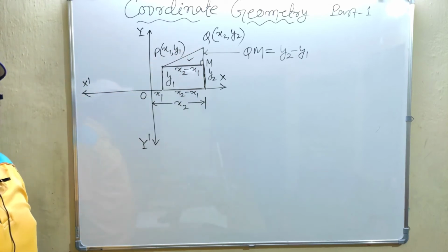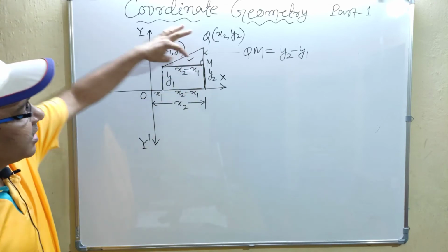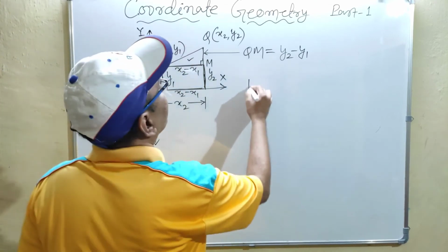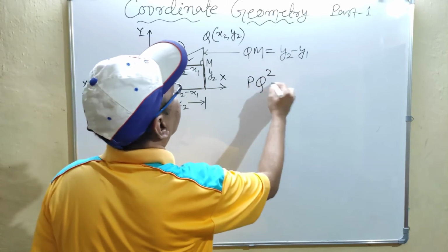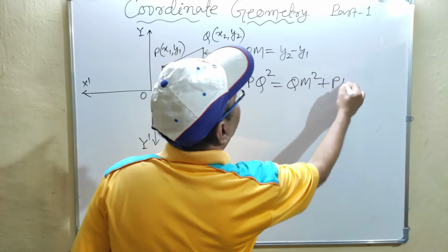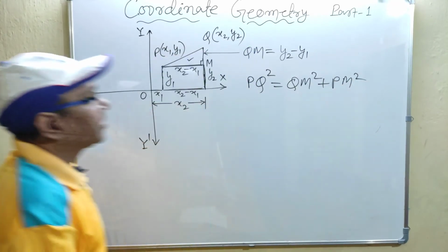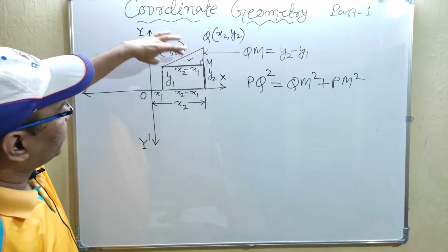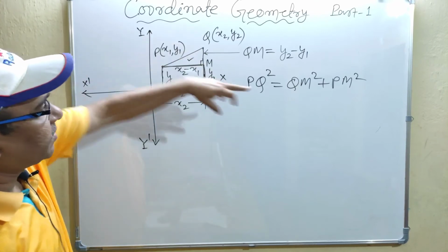So the hypotenuse can be calculated. Perpendicular is there, base is there. So can you calculate the hypotenuse? We know hypotenuse square equals perpendicular square plus base square. Hypotenuse square, PQ square, equals this QM square plus this PM square.